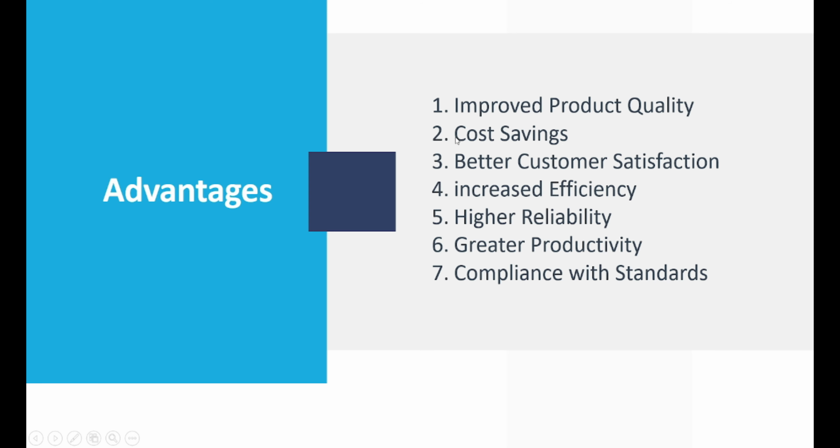The QA will find the bugs earlier, so the cost will be saved. Another thing is better customer satisfaction, because QA ensures the product has no bugs. Customers will easily use the system without any error. It also increases efficiency, higher reliability, greater productivity, and compliance with standards. Those are the advantages of using the QA process.